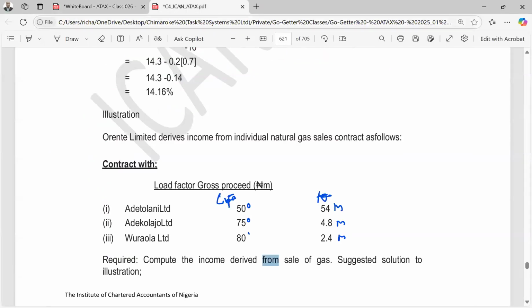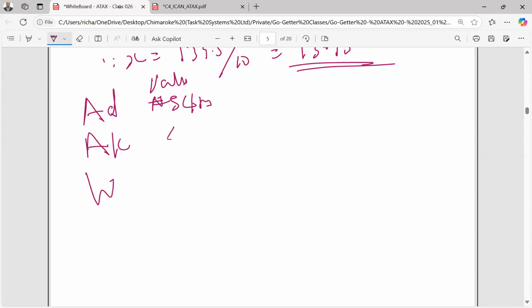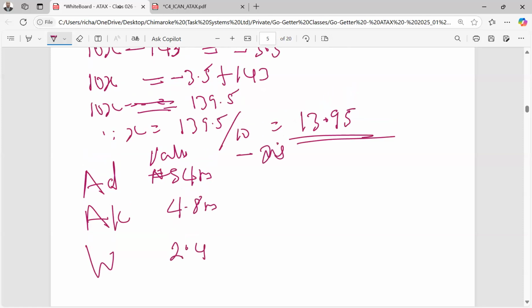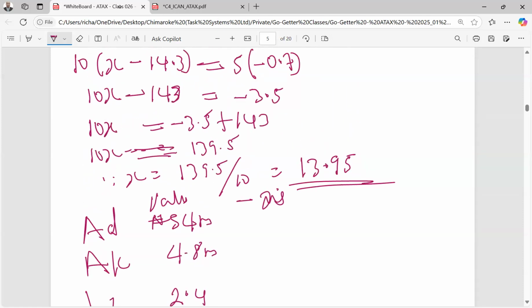This 4.8 and 2.4. 4.8, 2.4. I say minus discount. Discount is, what's the percentage? This one is 19.5.